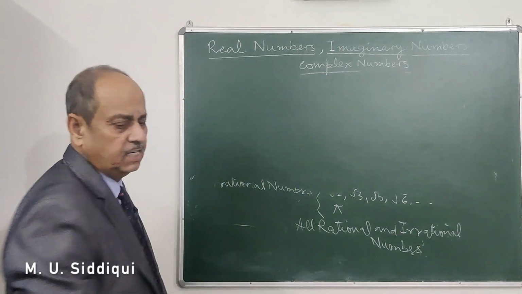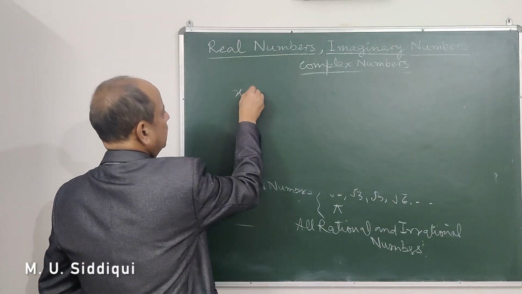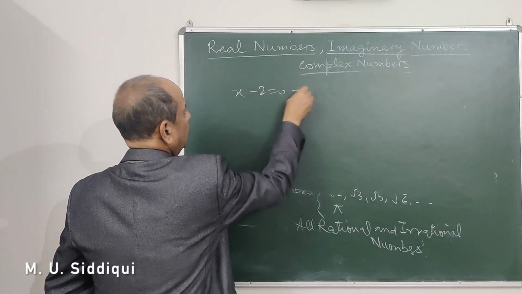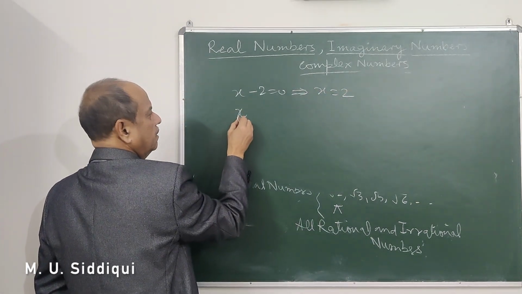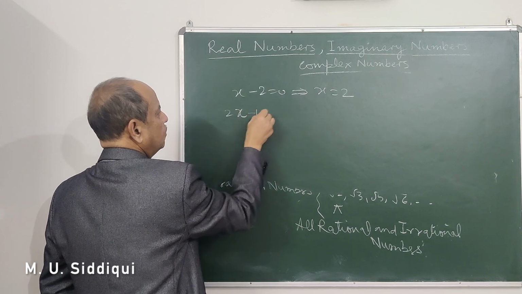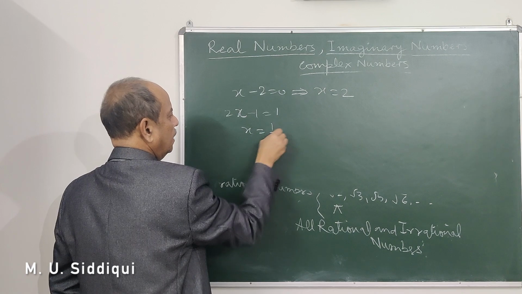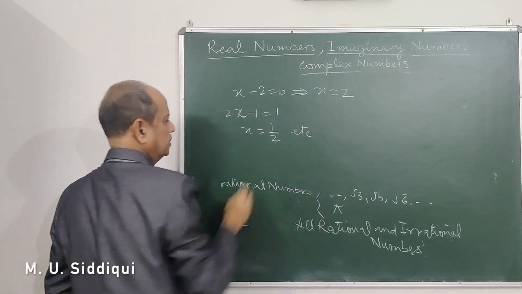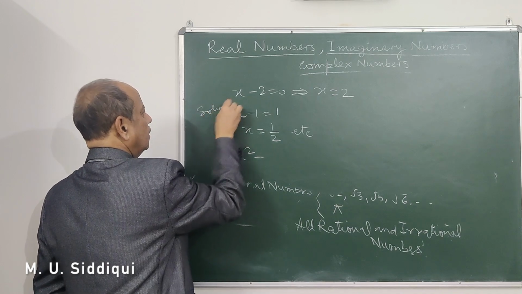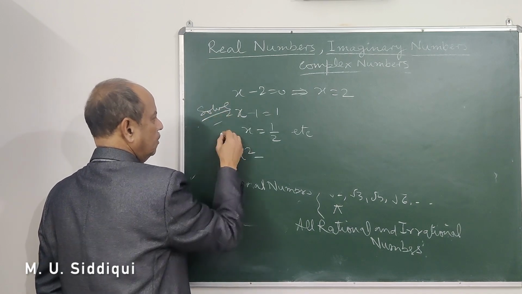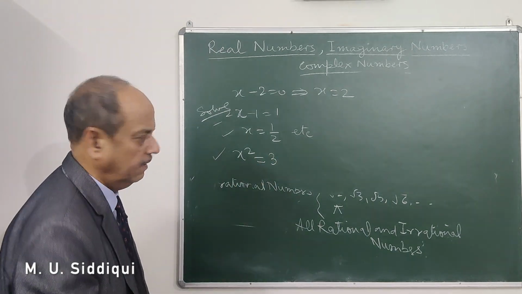When you come across solving certain equations, you solve x minus 2 is equal to 0, you get a solution x is equal to 2. Suppose you solve the equation 2x minus 1 is equal to 1, you get x is equal to 1 upon 2, etc. Even if you solve x square is equal to 3, what are the values of x?